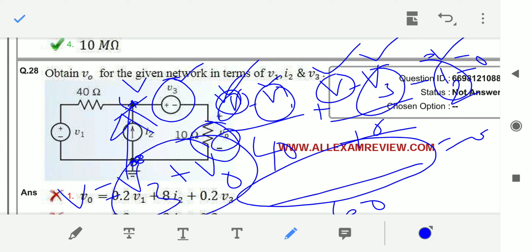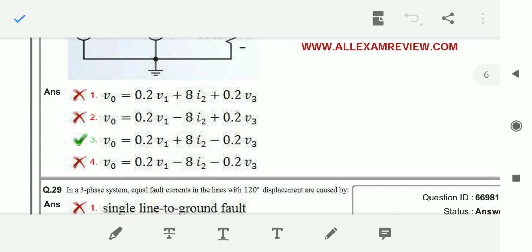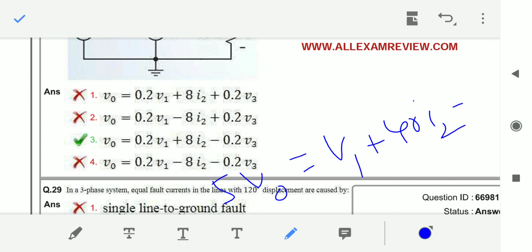After solving, you will get the equation 5 V0 is equal to V1 plus 40 I2 minus V3.